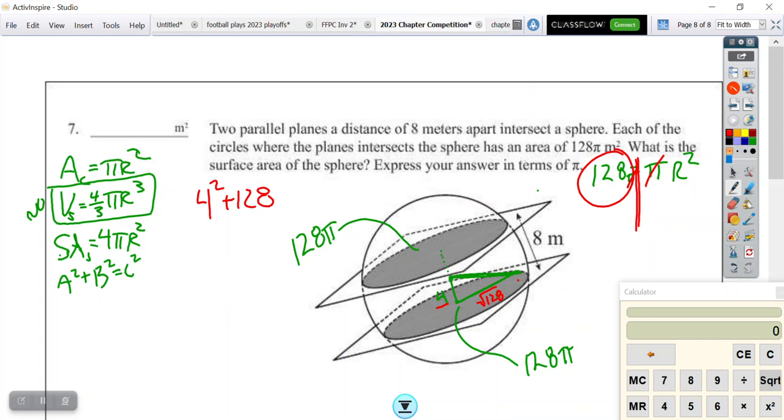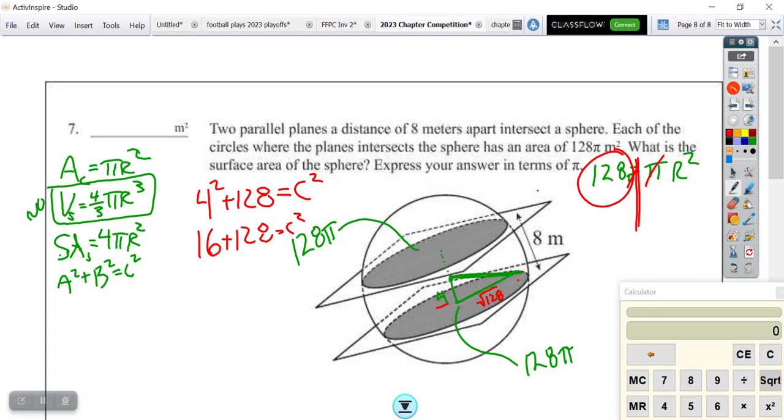Why do I not square 128? Because it's already squared. And that's going to equal c squared. Now, c squared is going to be the radius of the sphere, which I need to find the surface area. Okay. What's 4 squared? 16.